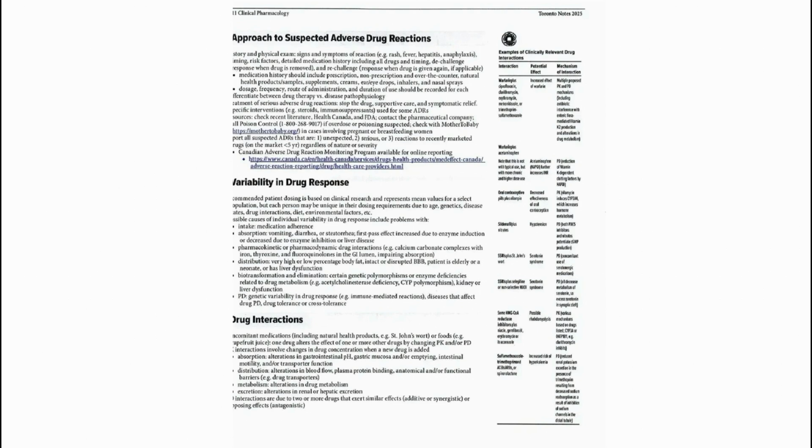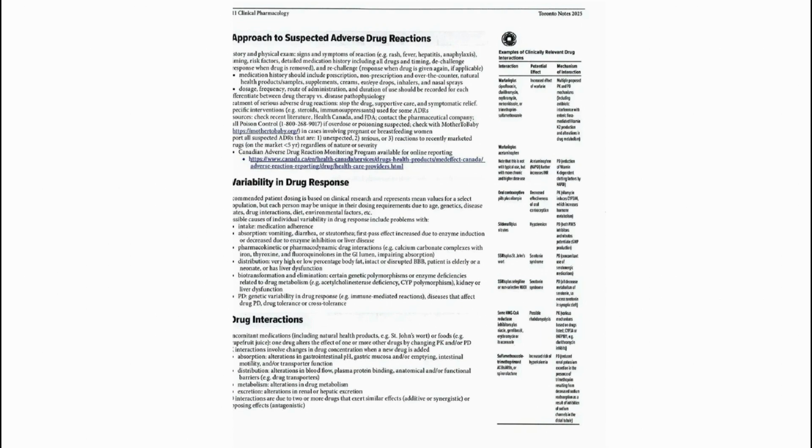Some drugs inhibit liver enzymes, increasing drug concentrations. Others induce liver enzymes, lowering drug concentration. Excretion. Interactions may alter renal elimination and hepatic elimination. These change how quickly medications leave the body.